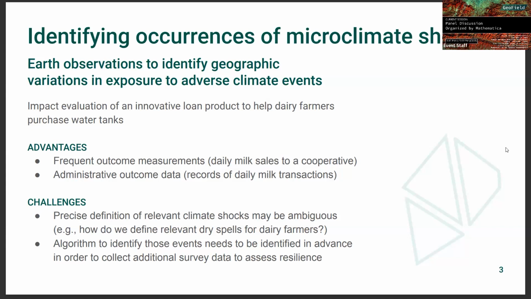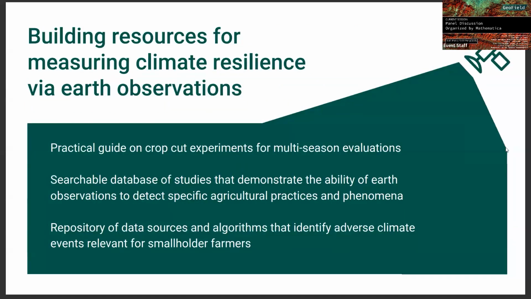Right? All right, so this was a very quick summary of two examples, but I just wanted to end with some ideas of the types of resources that might help organizations like PXD and researchers to use Earth observations better in their impact evaluations.